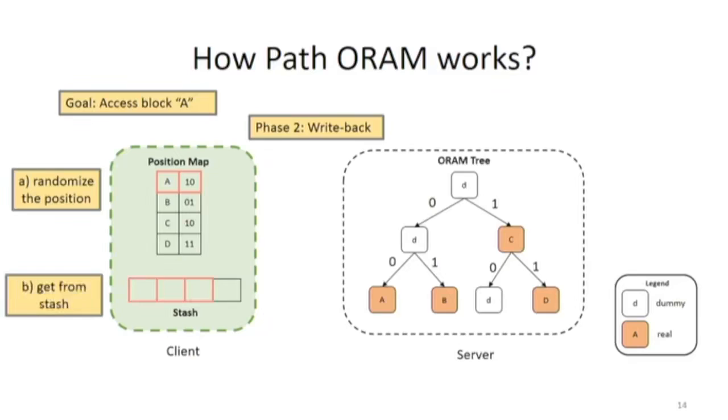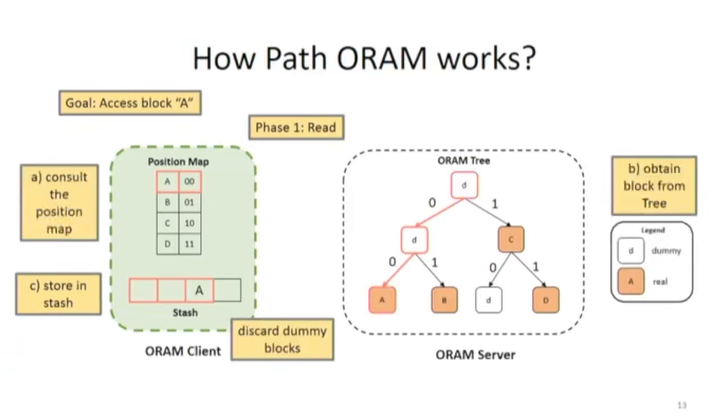Then we're going to get it from the stash and write it back in the tree according to the new position. Since the new position was 1, 0, the only place in the ORAM tree that this block could go was the root node, because that is the only one within the path of 1, 0. Again, the important thing is we wrote back to the exact same path that we read from.